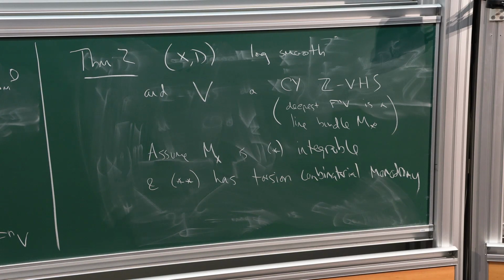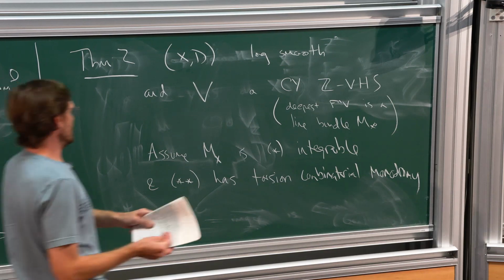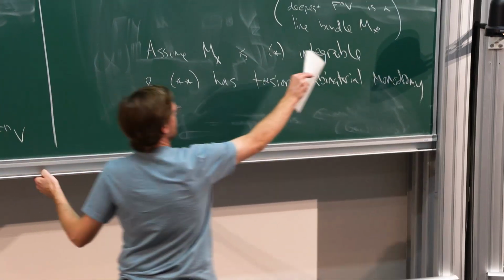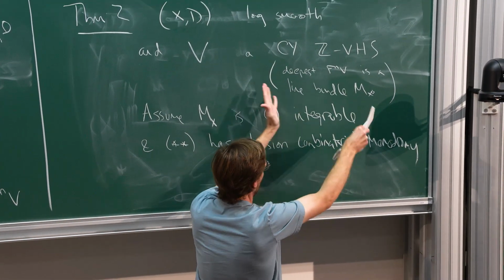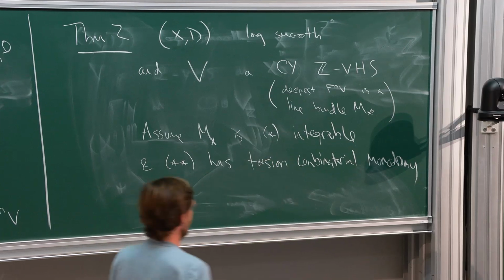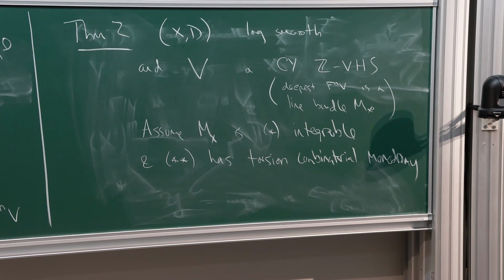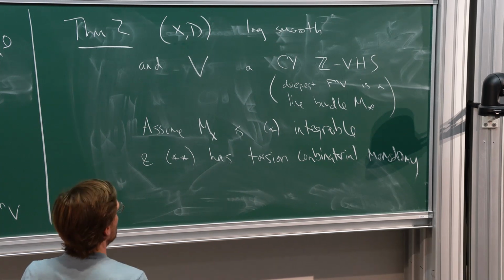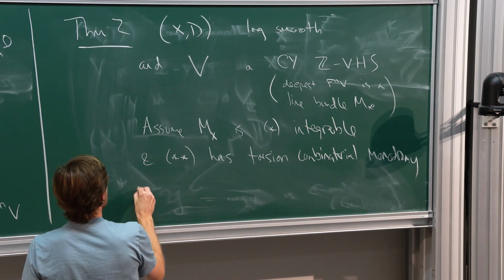I haven't said what these mean, but I will, I promise you. So this is just a word at the moment, but I'll tell you what it means in a second. It's called that for a reason, but I'll get to it. It's integrable and has torsion combinatorial monodromy. Then it's semiample.